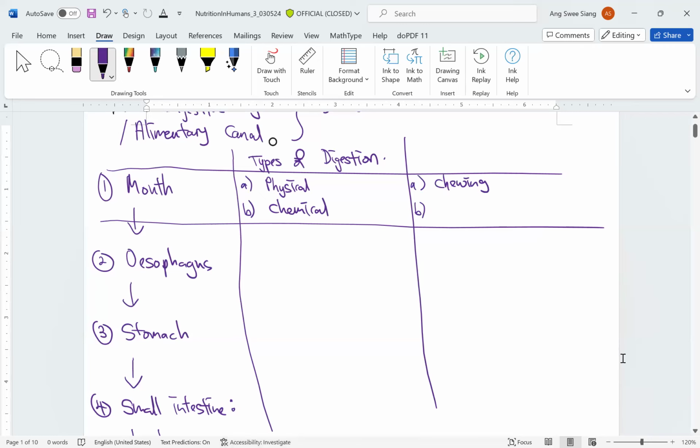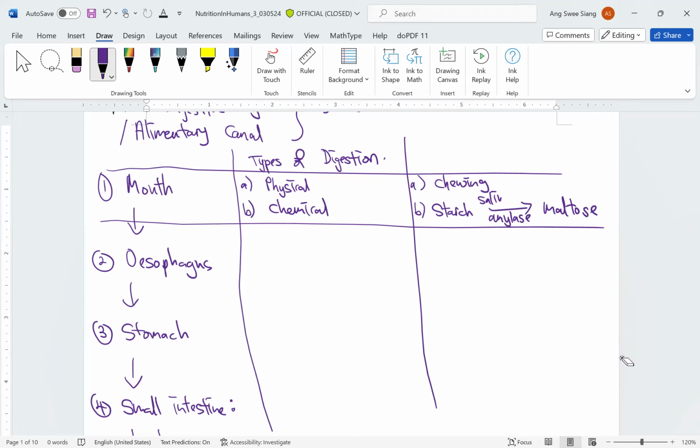Salivary amylase will digest the starch into maltose. So this is chemical digestion. In the mouth, two types of digestion occur: chewing and chemical digestion by salivary amylase.